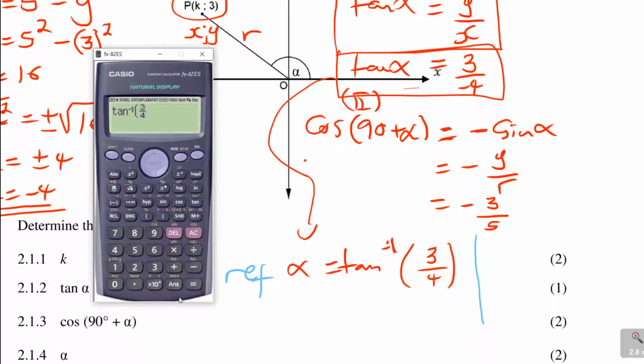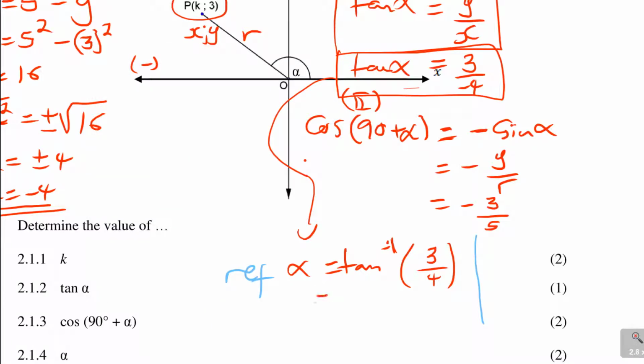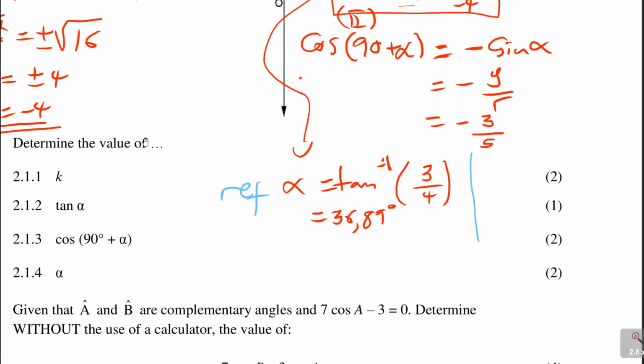Are you with me, guys? 3 over 4 is 36,869. I think it's 87. Round off to 2 decimal places, 36,87. So the reference angle there is 36,87 degrees. And I told you with the reference angle, what you do is say alpha is equal to 180 minus the reference angle, which is 36,87 degrees.